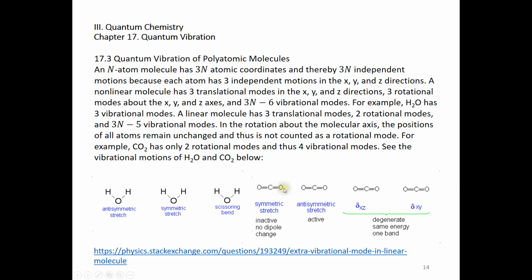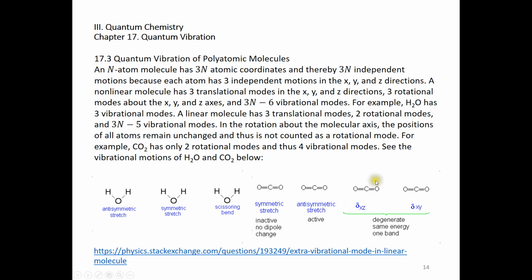We have symmetric stretching, anti-symmetric stretching, and we have 2 bending motions. In these 2 vibrations, the bond angle, OCO bond angle, changes, but they are changing in different planes. So one is on this plane, the plane of the screen, and this motion is actually taking place in a plane perpendicular to the screen.